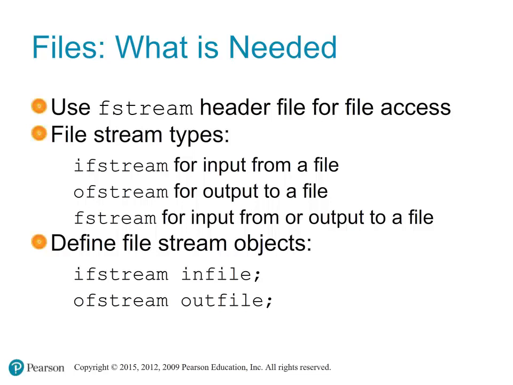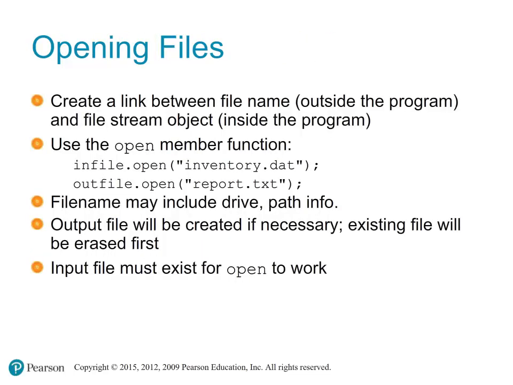These objects act as a bridge between the program and the file, allowing data to flow in or out. When working with files, it's essential to establish a connection between the file's name as it exists on the system and the file stream object as it's represented in the program. The connection allows the program to read from or write to the file.